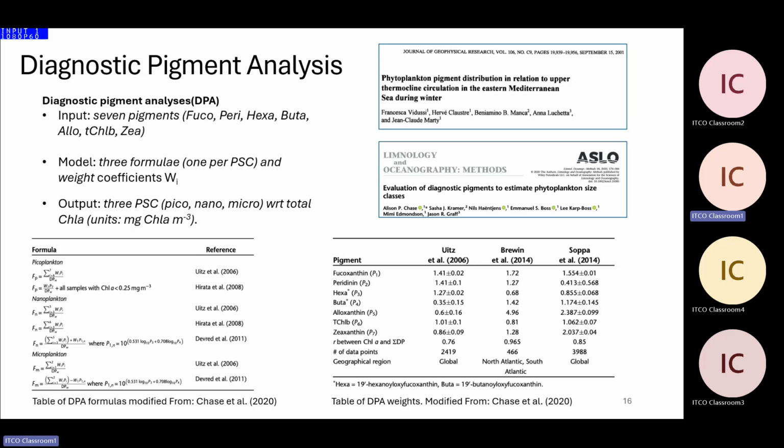Diagnostic pigment analysis, or DPA, takes 7 accessory pigments as the input to your model. And the model tries to output three different phytoplankton size classes, pico, nano, or micro, with respect to the total chlorophyll. Essentially you've got these equations down here, and there are weight coefficients that you have to plug into them.